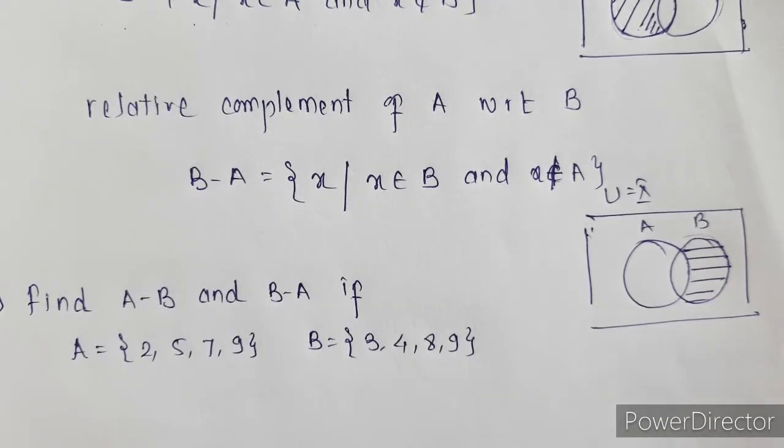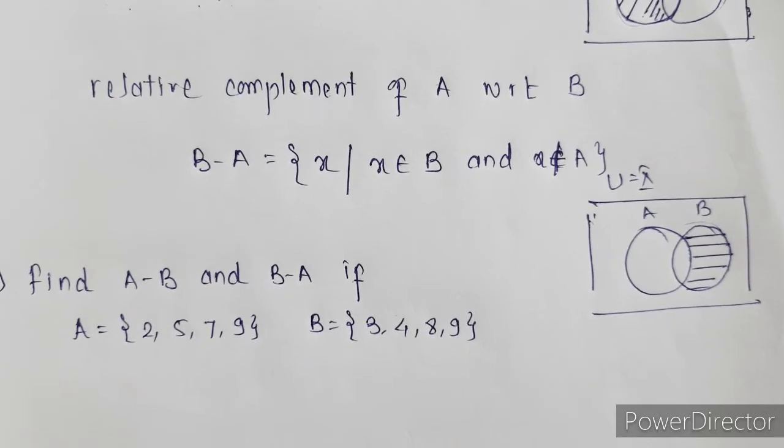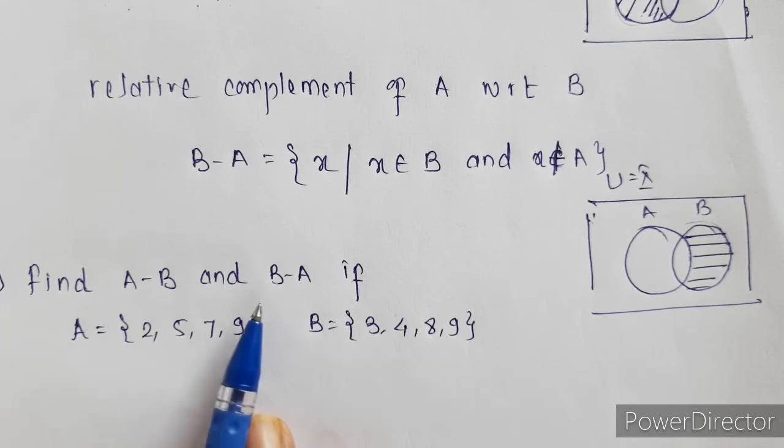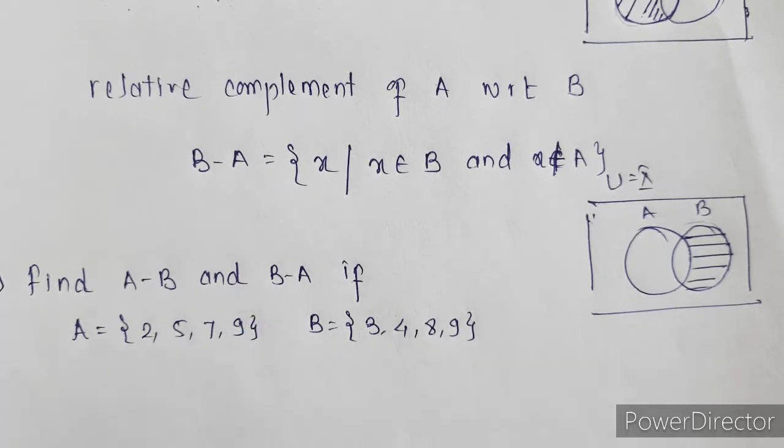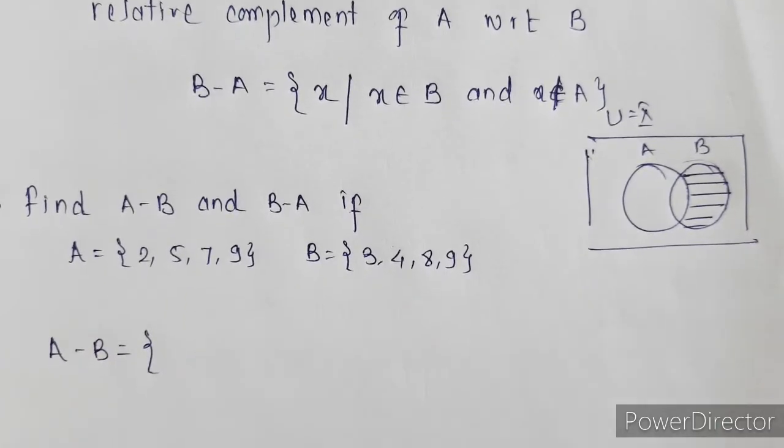Now, let us discuss this example. Here set A and set B are given. What we have to find is relative complement of B with respect to A and A with respect to B, that is A difference B and B difference A. So, let me start with A difference B. Let us draw the Venn diagram first.